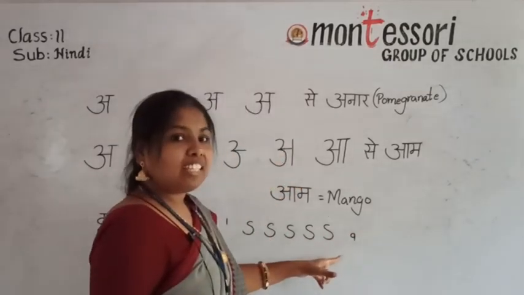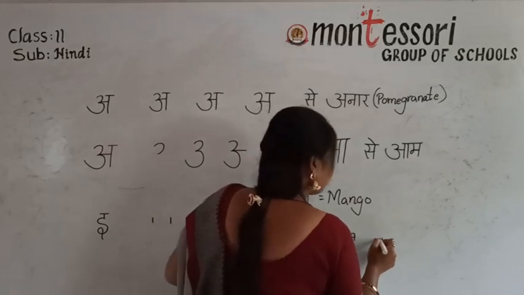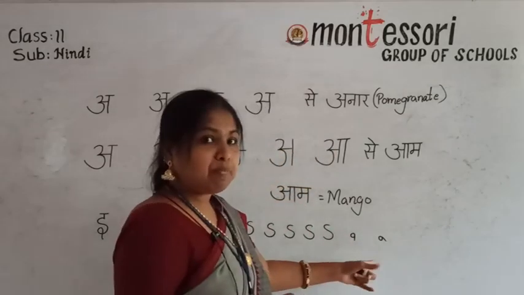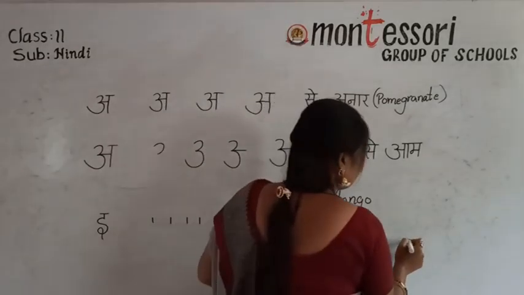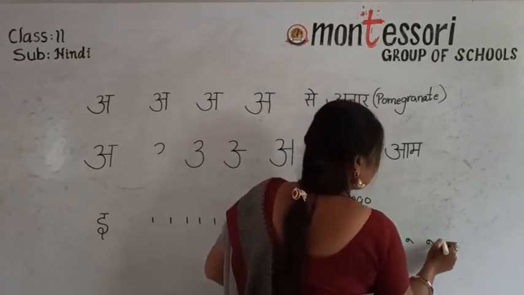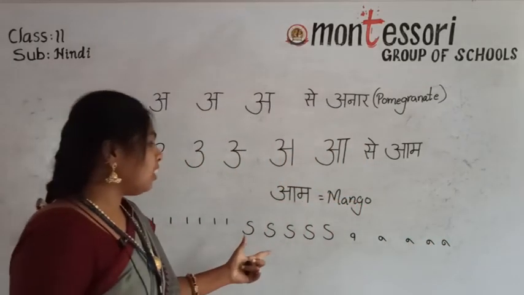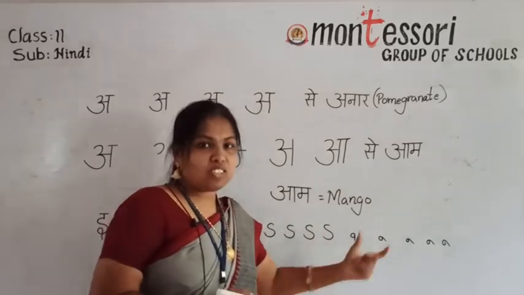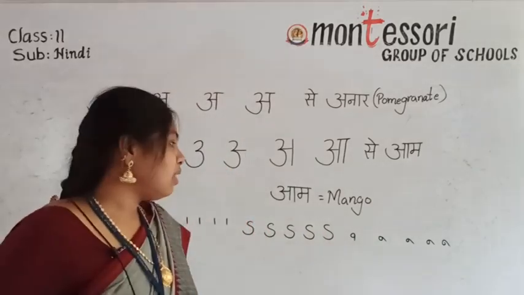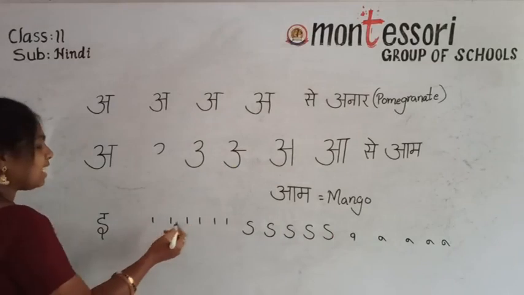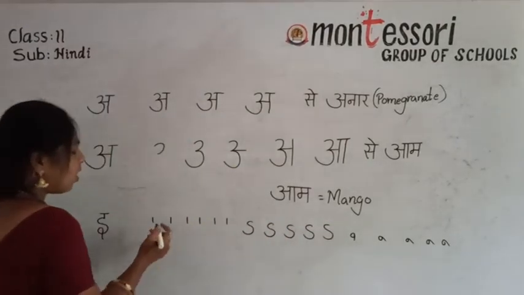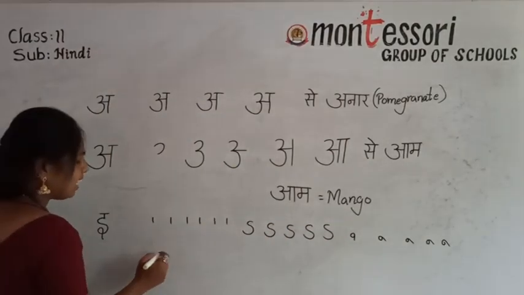If you write a small 9 or a sleeping 9, we can say a sleeping 9 means a curved 9. If you practice this in your rough book, it will become very easy to write this letter. You have to join all the lines.